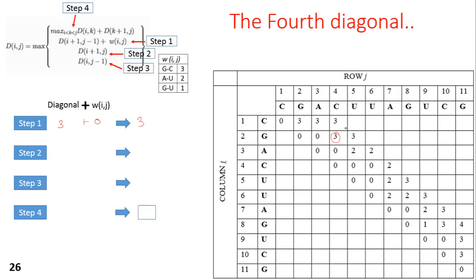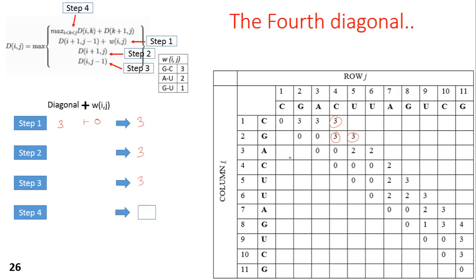Then you have to consider this step 2, that is column contribution 3. Sorry, this is step 1, step 2. Step 3 is your row contribution 3. Now we have got two numbers that can be used in calculation of step 4.